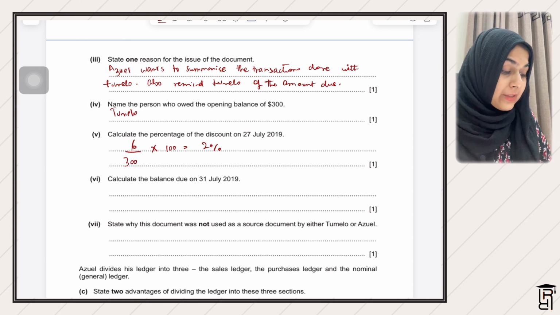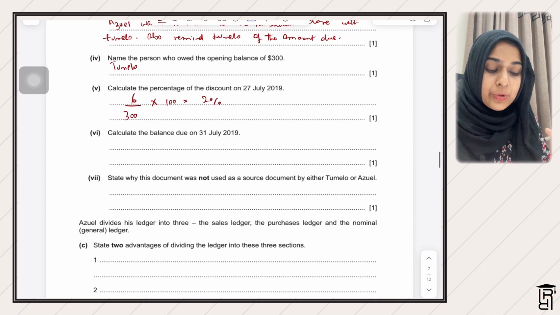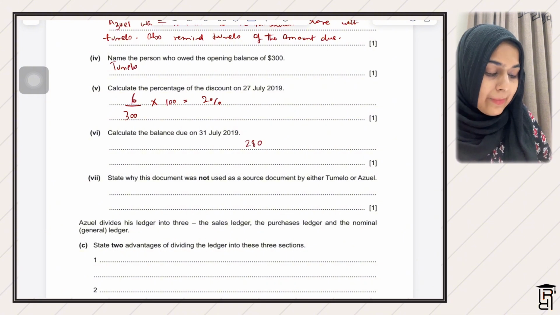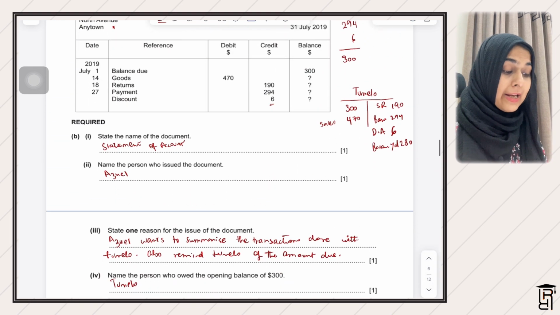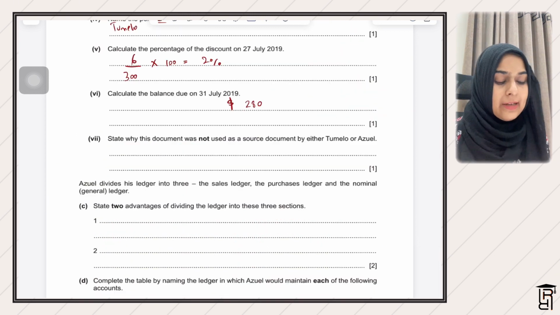Even if you're making an account, you can make it over here and show the working somewhere to the examiner. So the balance due at end is $280. I basically use this T account to calculate the balance carried down, and I made the account of Tomelo in the ledger of as well. I'll write $280 for the balance due on 31st July 2019.